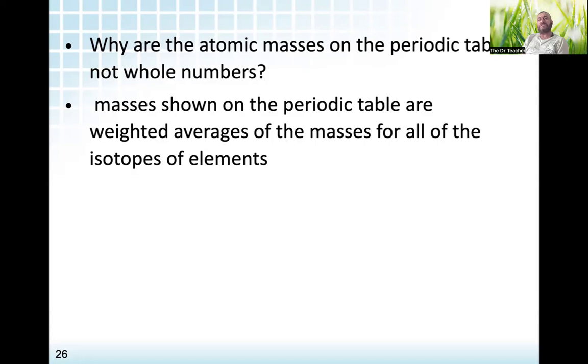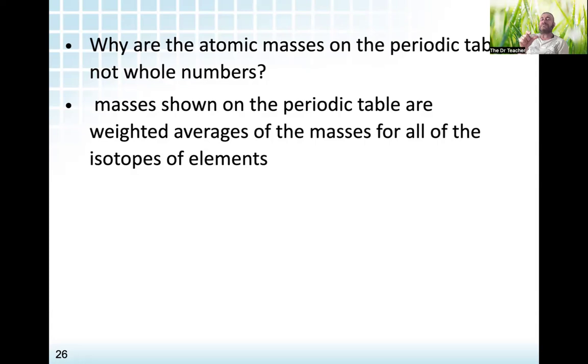Hydrogen 3 has one electron, one proton, and two neutrons. So these are three isotopes. With carbon, you have carbon 12, carbon 13, and so on. They differ, and we can find them in nature, but with percentages.